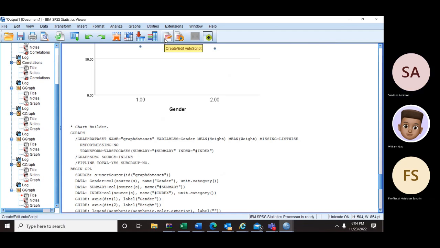Let me ask you, does SPSS do a summary for you after you have analyzed data? Is there anywhere you can find the summary of the analysis that you've run?